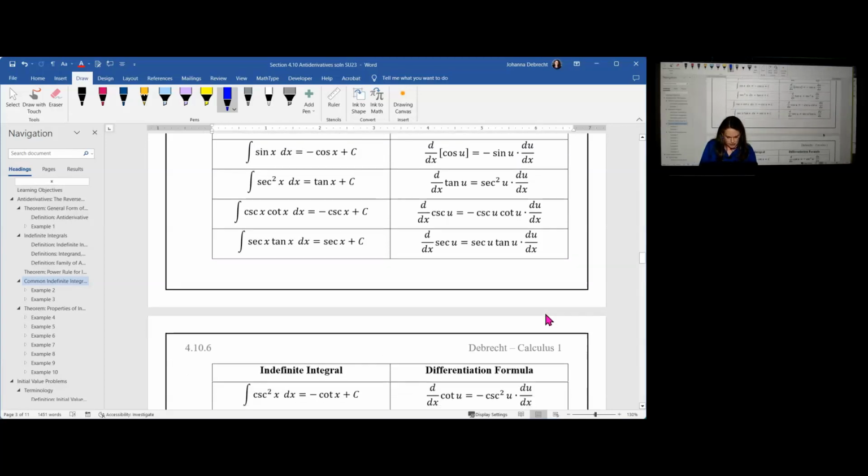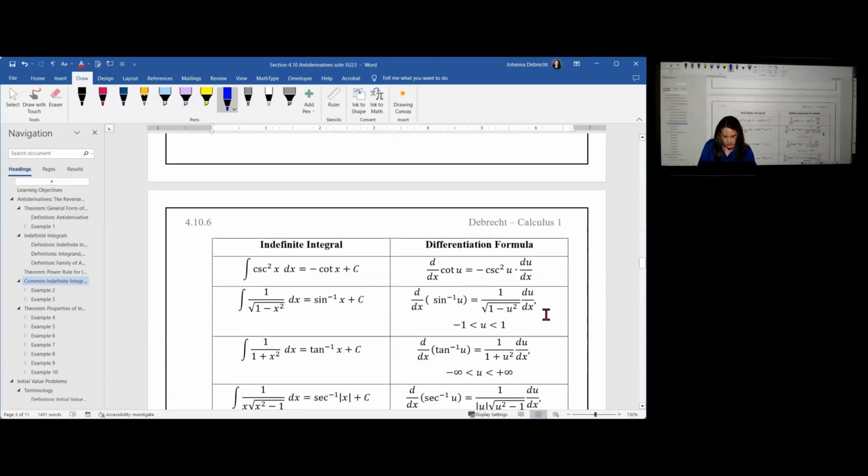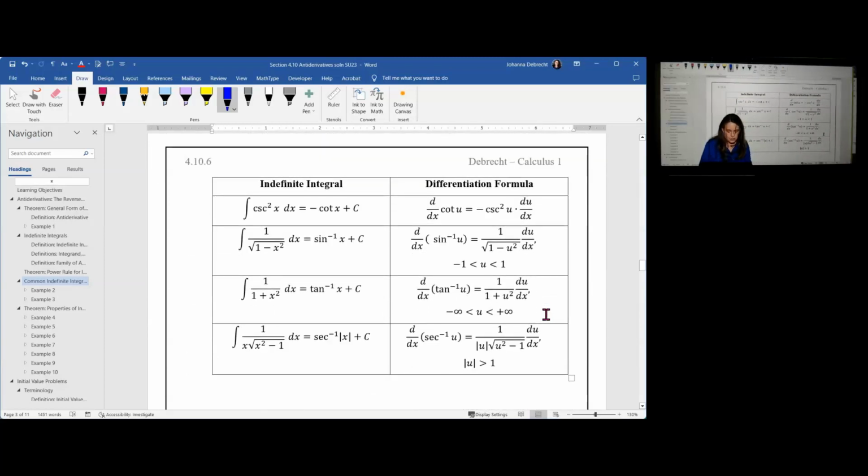I believe there is one more, which is the integral of cosecant squared of x dx. Because the derivative of cotangent is negative cosecant squared, when you integrate, you get negative cotangent of x back.